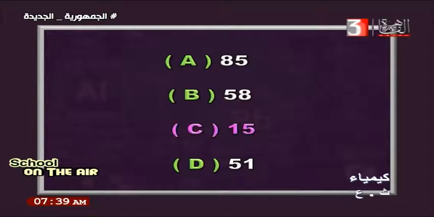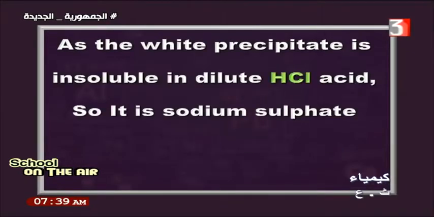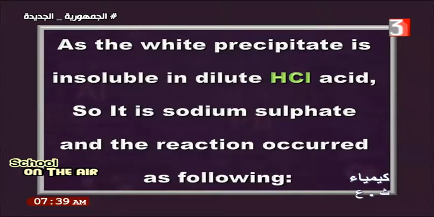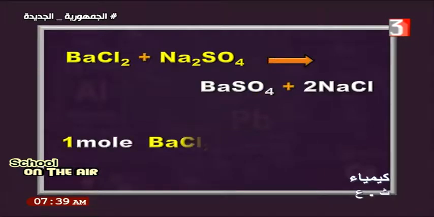If you solve the problem, it will be 15. What is the solution of this problem? As the white precipitate is insoluble in dilute hydrochloric acid, it is barium sulfate. So the reaction occurred as following: barium chloride reacts with sodium sulfate, giving barium sulfate and sodium chloride.